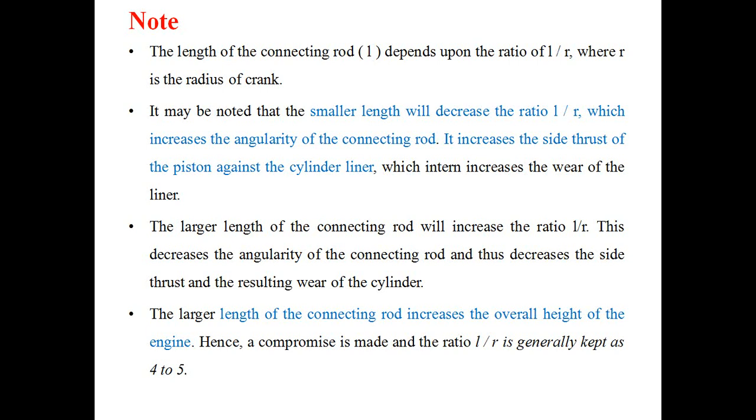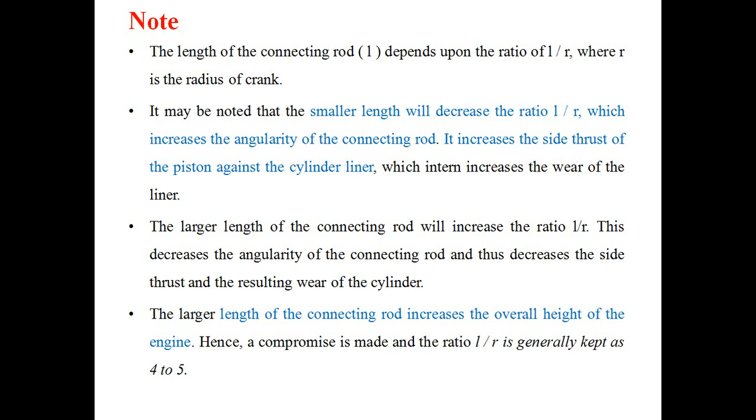Note: some important aspects should be taken care of while designing the connecting rod. The length of the connecting rod L depends upon the L by R ratio, where R is the radius of the crank. A smaller length will decrease the L by R ratio, which increases the angularity of the connecting rod.